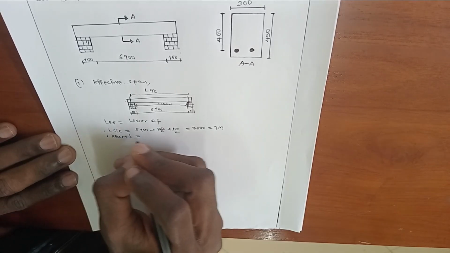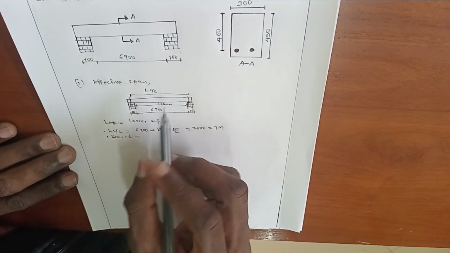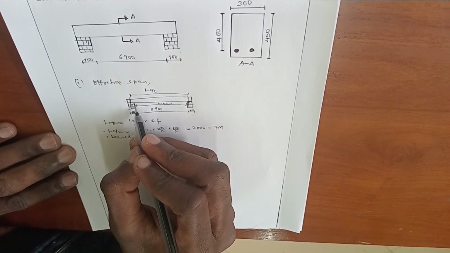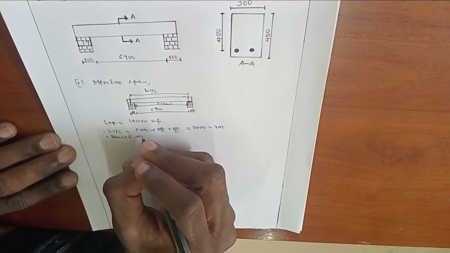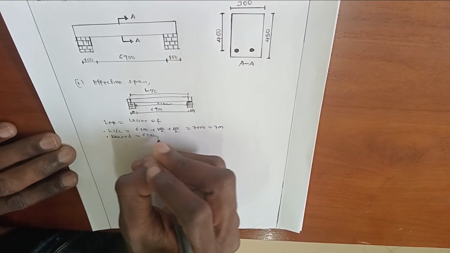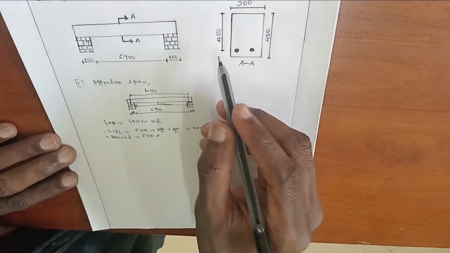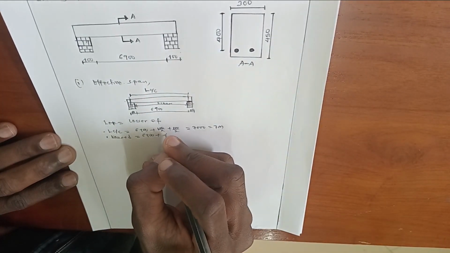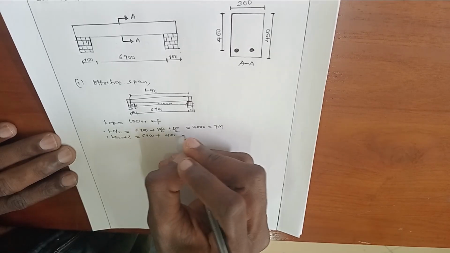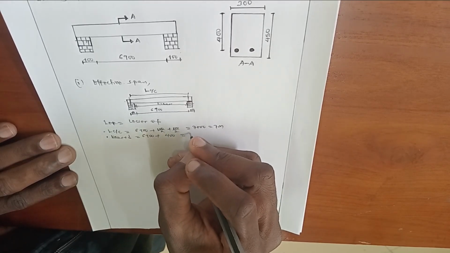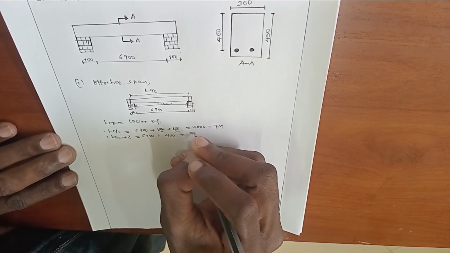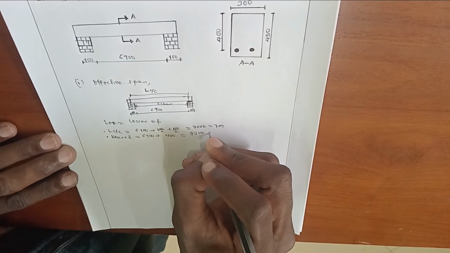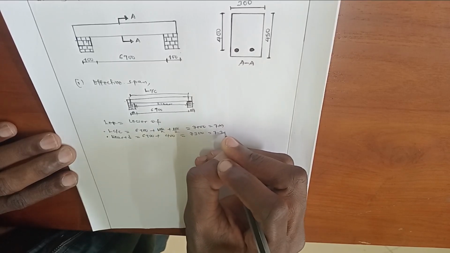Clear span between two supports is 6900 plus effective depth of this beam, which is 400, which makes the result 7300 millimeter, which is equal to 7.3 meter.